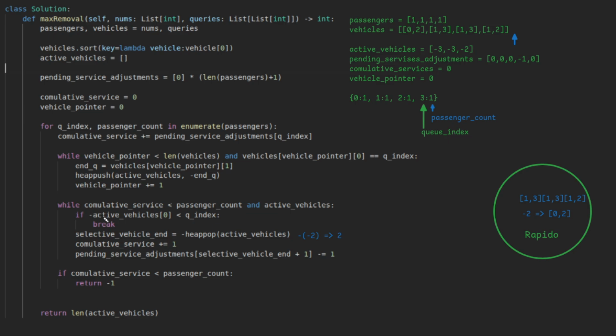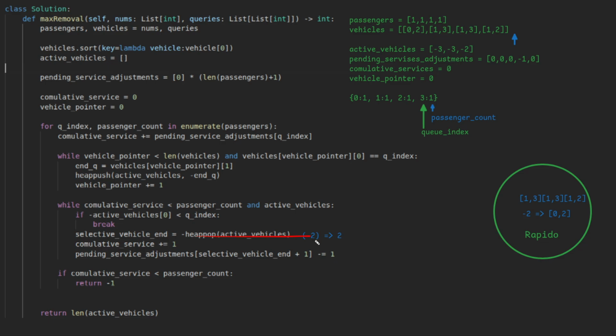Now we check, is cumulative less than passenger count? Yes, passenger count is 1 and the cumulative services is 0, so it goes inside. Is minus active, so what it will do, it will pop out 3. So if 3 is popped out, is 3 less than 3? No, it is not less than 3, so it will not break.